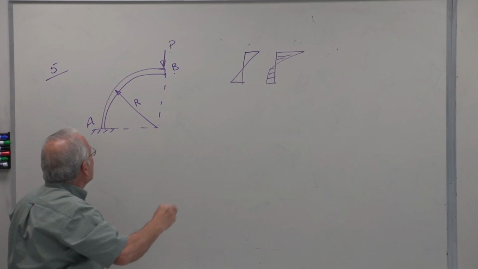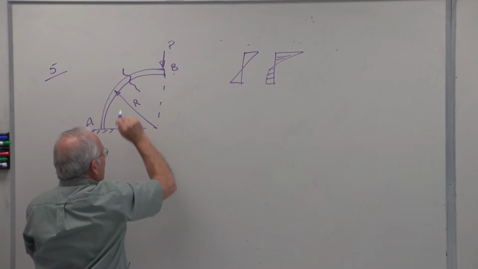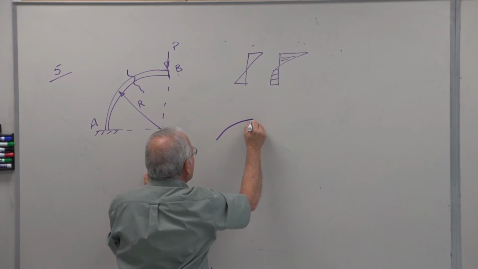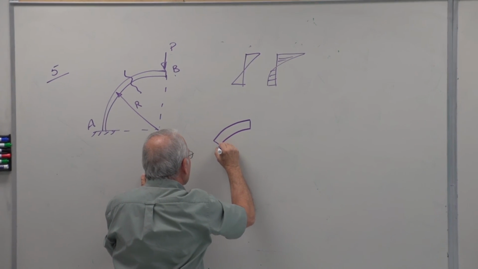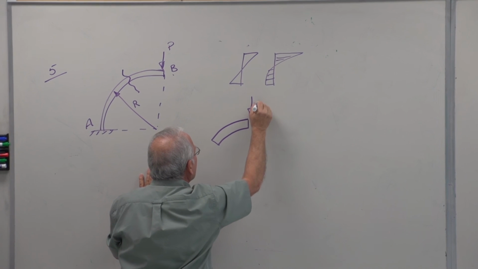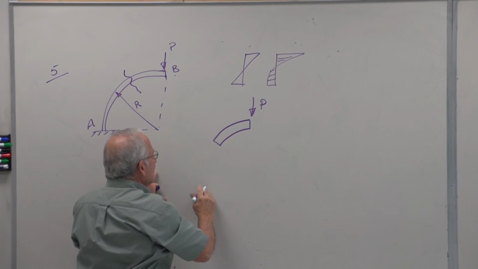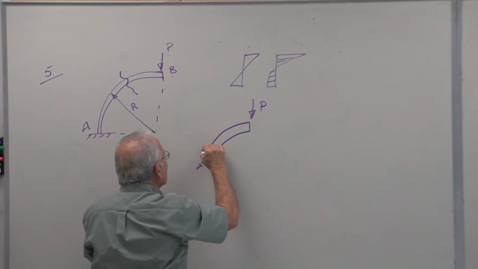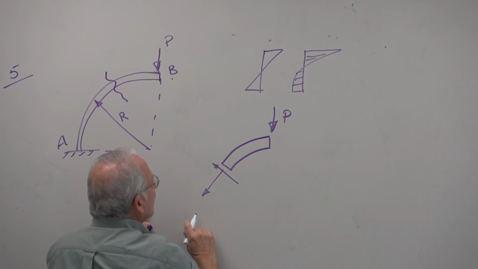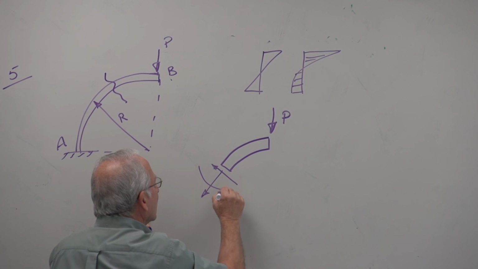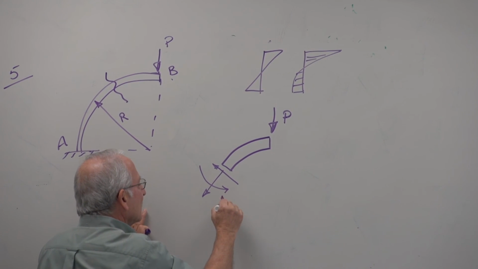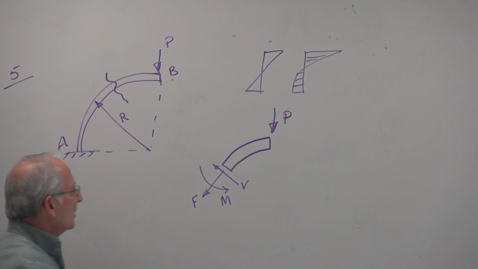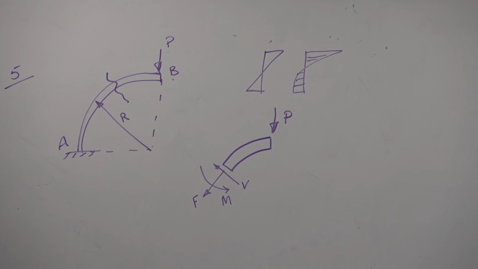We have to write a moment equation, so we take a general section again, nothing particular. There is P, and here we will have a bending moment, a shear load, and a normal load.